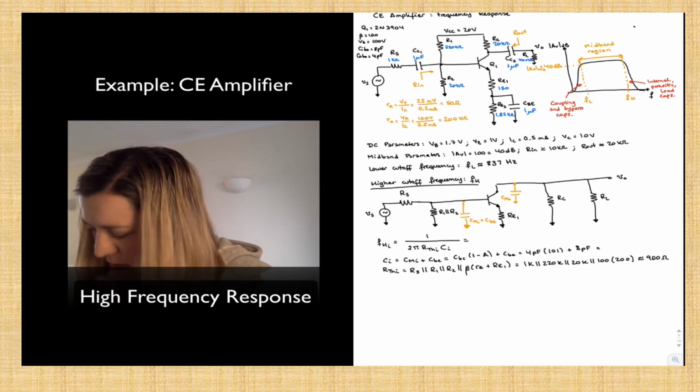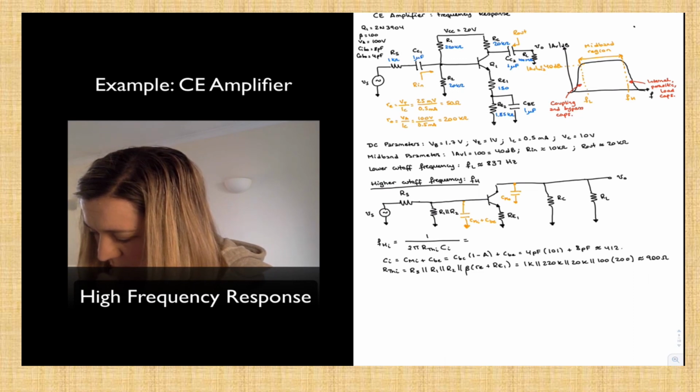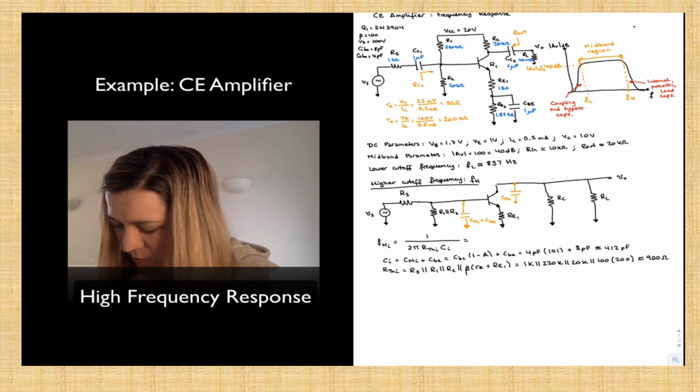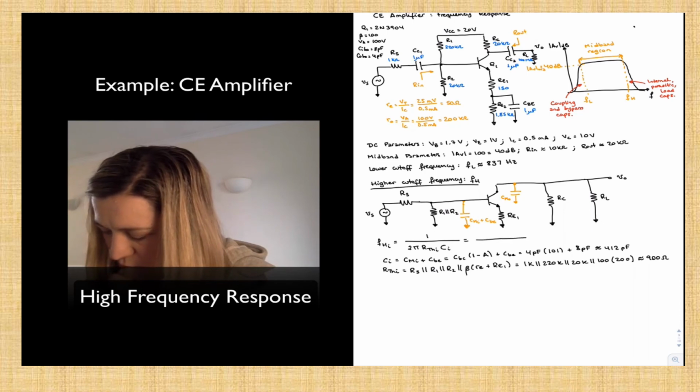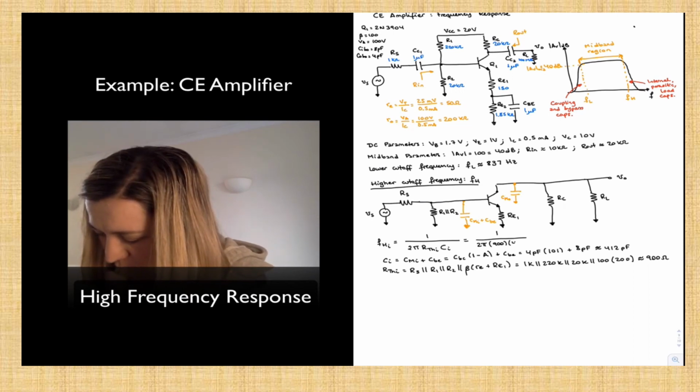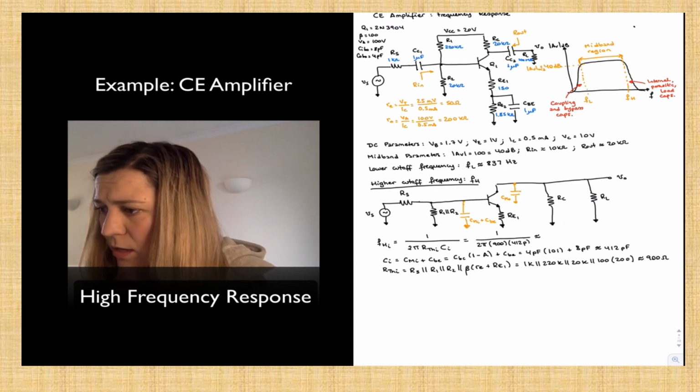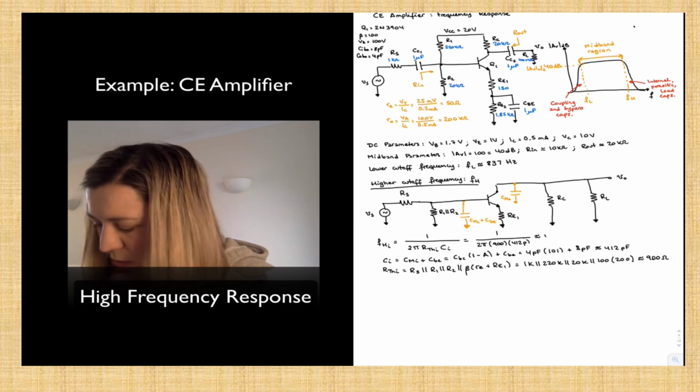And that's approximately 412 picofarads. And now I can enter those values into my equation here. 1 over 2 pi times 900 times 412 pico. And that's approximately 430 kilohertz.